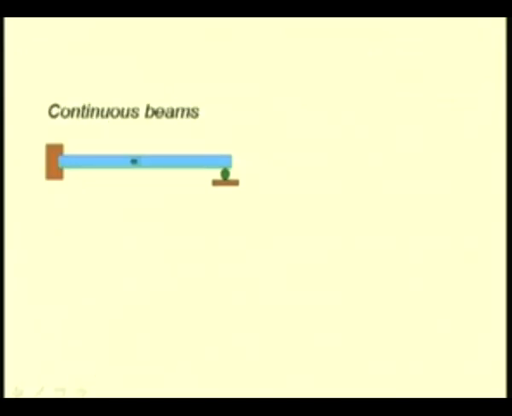This kind of support configuration leads to what we call continuous beams.